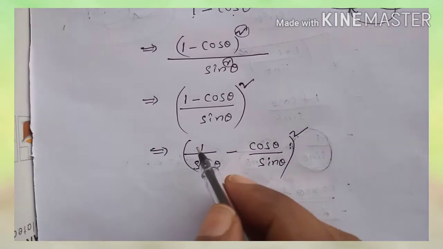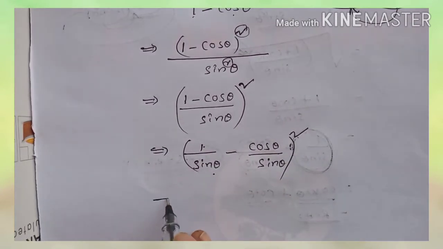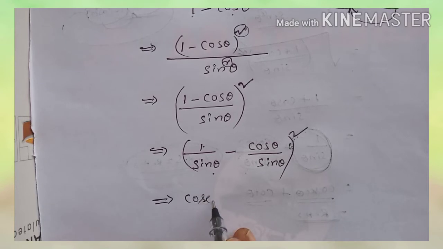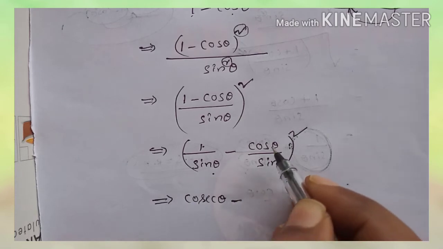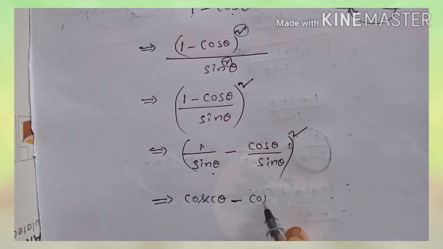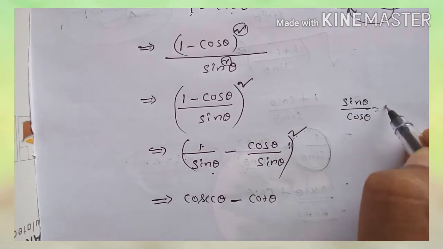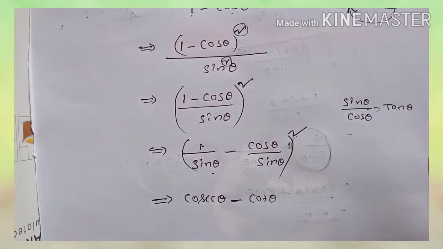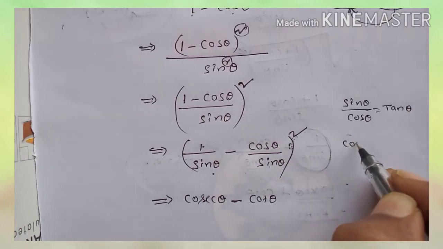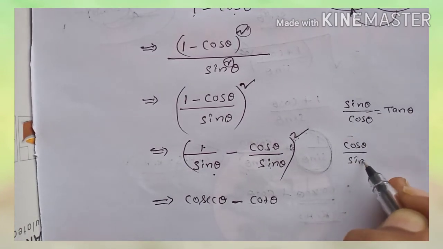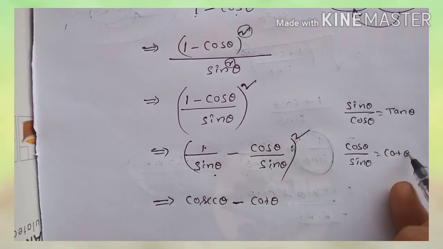Now we know 1 by sin theta, the reciprocal of sin theta, is equal to cosecant theta. Already we discussed this in the previous problem. Minus cos theta by sin theta is equal to cot theta. We know sin theta by cos theta is equal to tan theta; similarly, its opposite, the reciprocal, cos theta by sin theta is equal to cot theta.